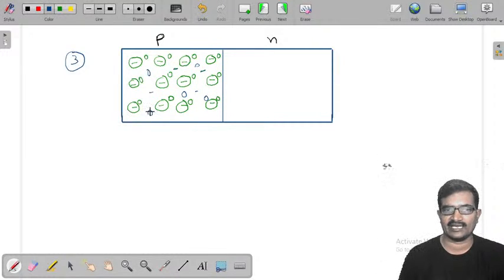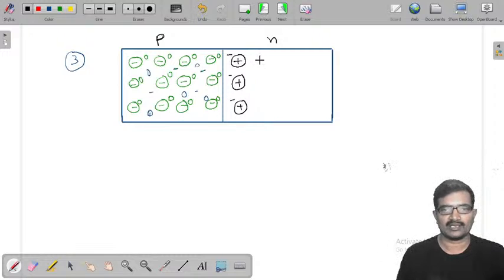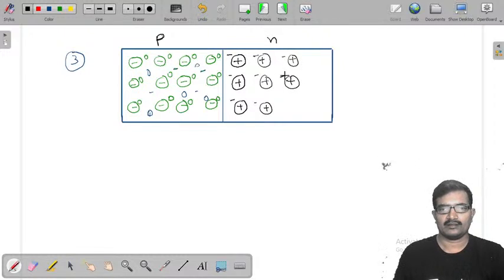Yeah. Now this is the way of representing a p-type semiconductor. Already we discussed this in semiconductors. Similarly, I am going to represent the n-type semiconductor. In n-type semiconductor, we have positive immobile ions, and every positive immobile ion is providing one free electron to you, like this.